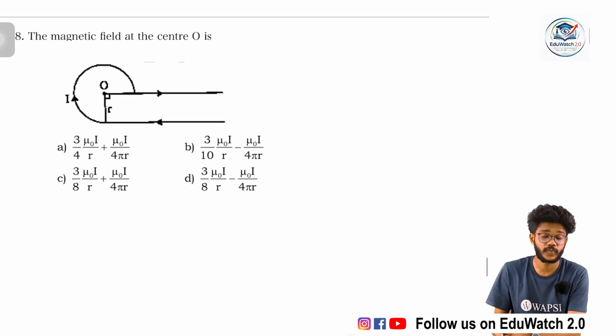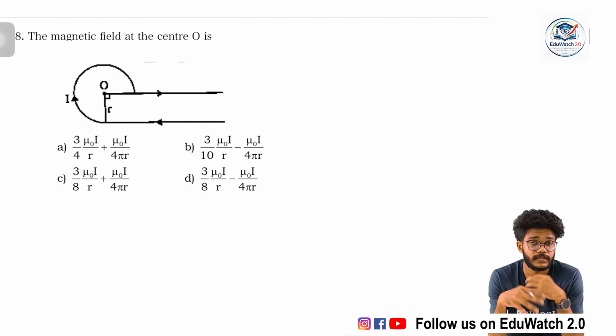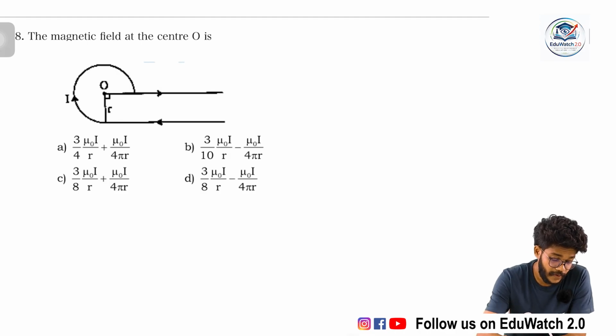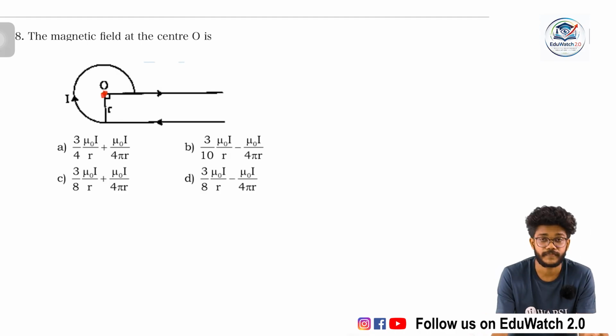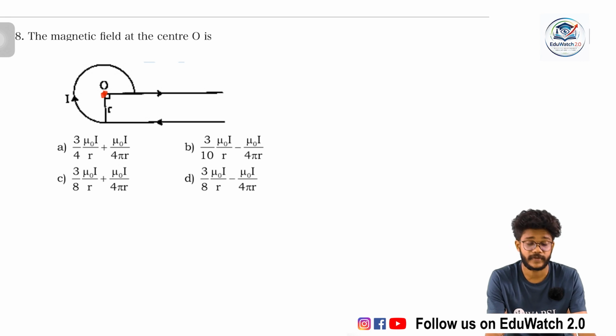Okay, this one is very important. This question has great importance from the exam point of view, because it comprises 2-3 formulas. We have to find the magnetic field at the center. So by how many sources do we get a magnetic field here?